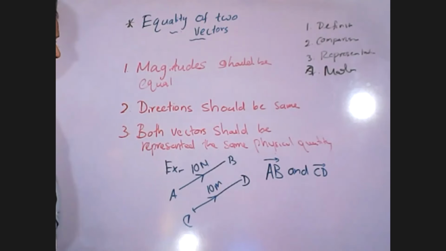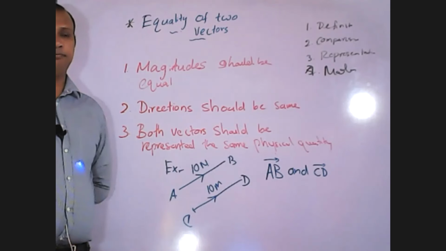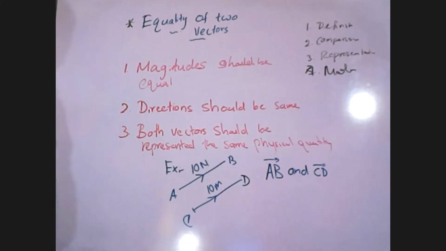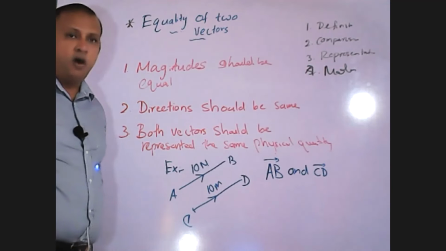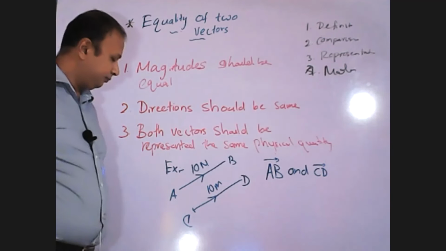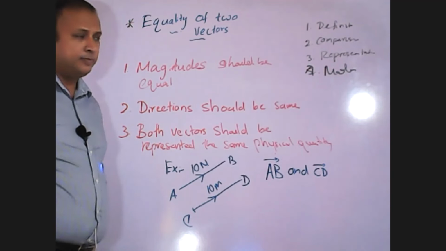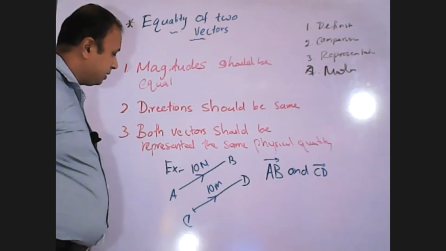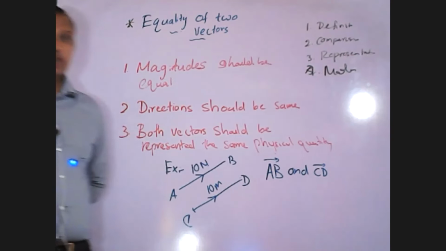But the AB vector represents a force, and the CD vector represents a displacement.